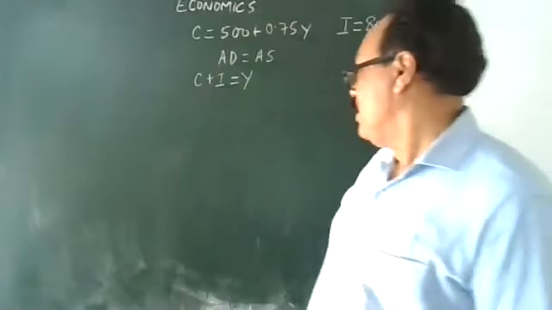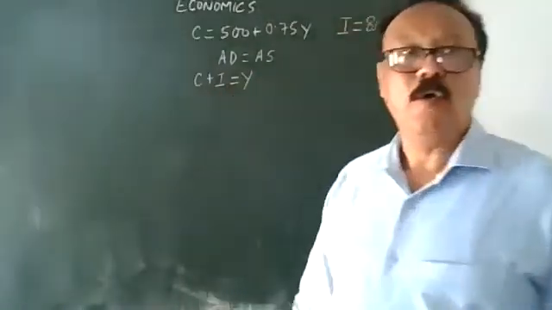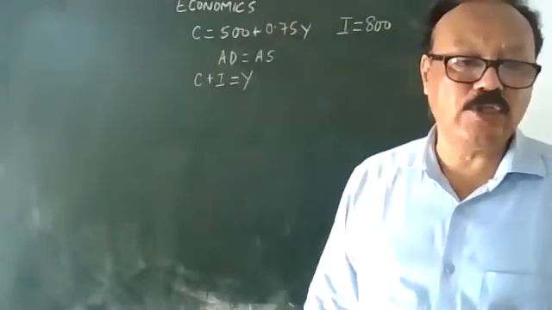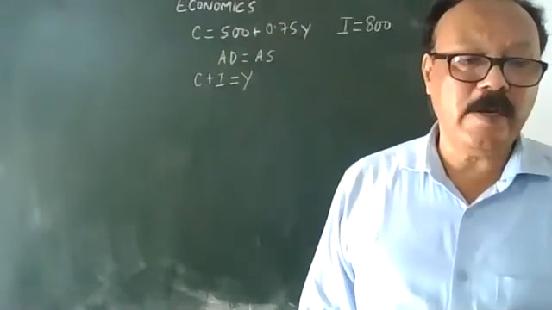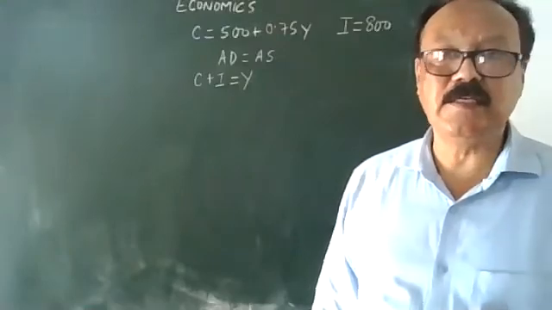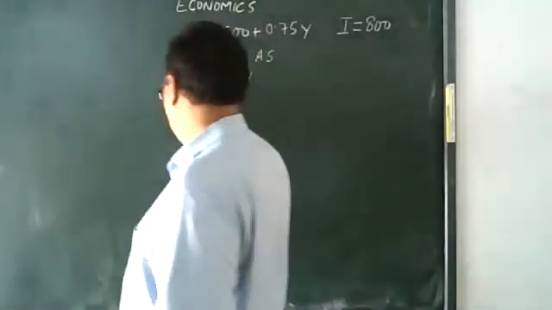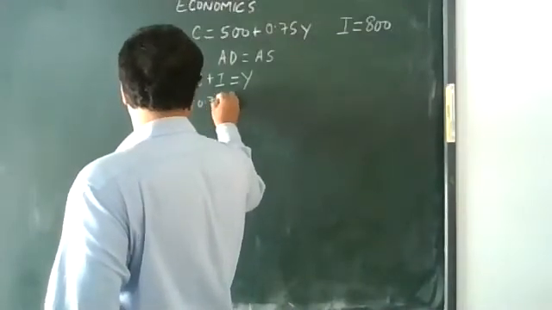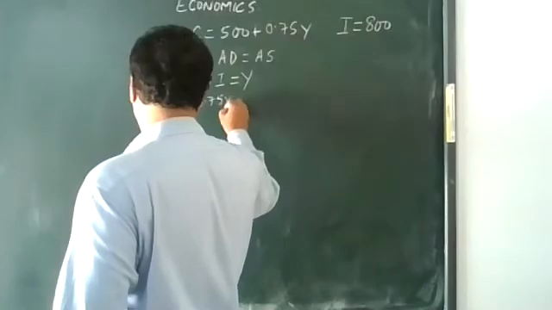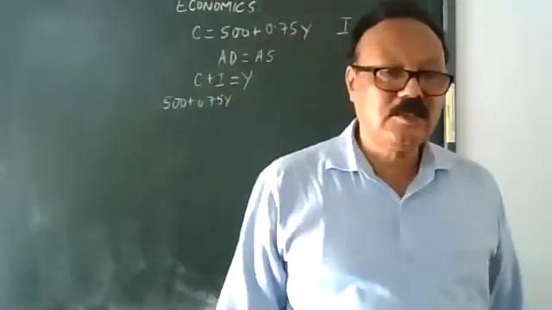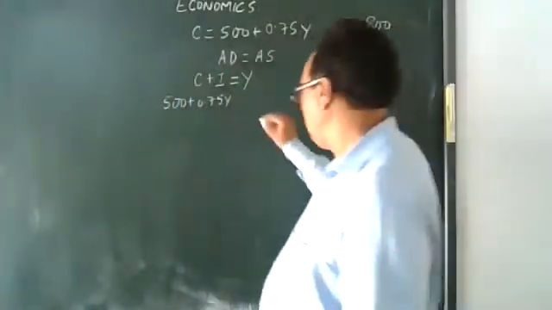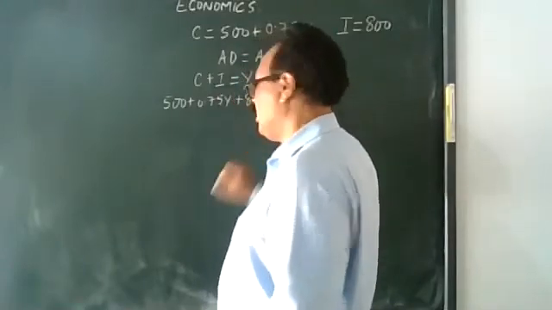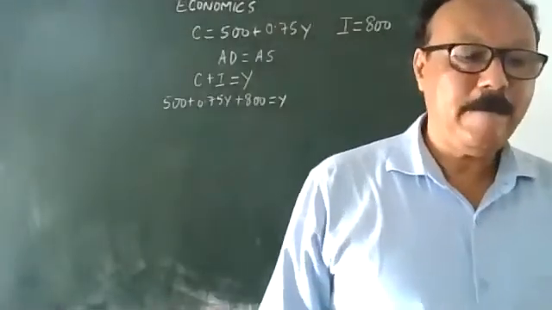So we have C plus I is equal to Y. Now putting the value of consumption and investment expenditure, wherever we see C, we will put this value: 500 plus 0.75Y, plus what is I given? 800 is equal to Y.